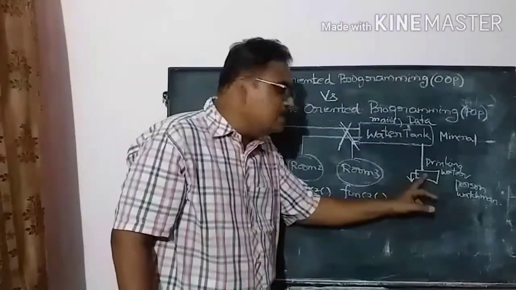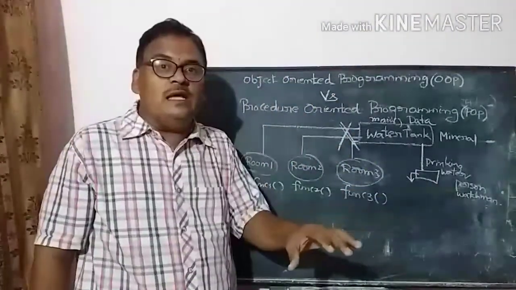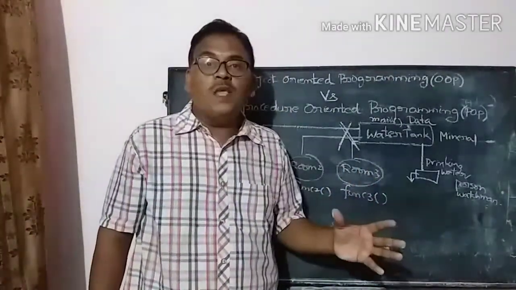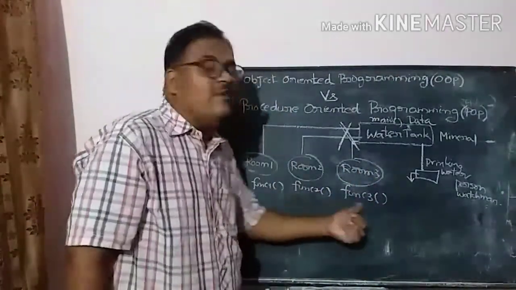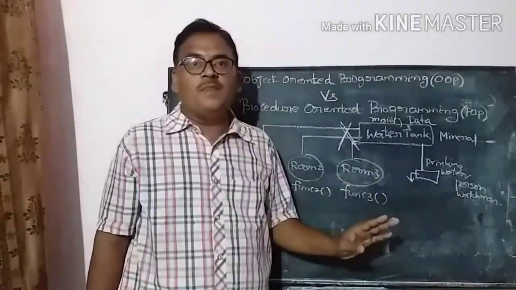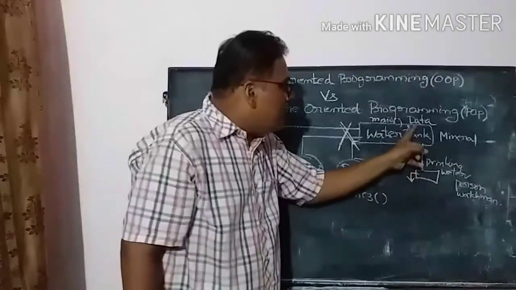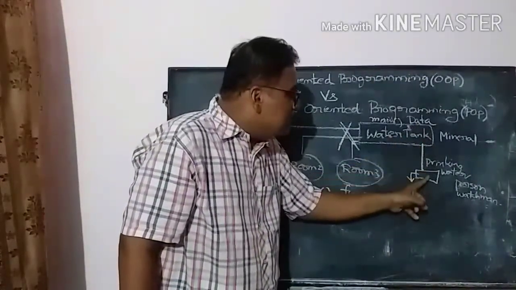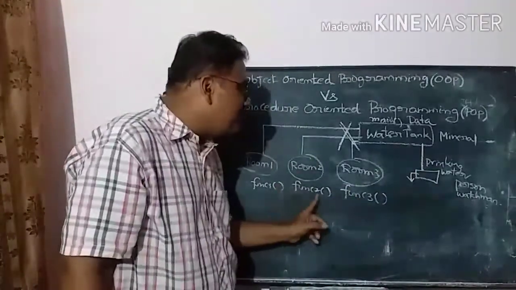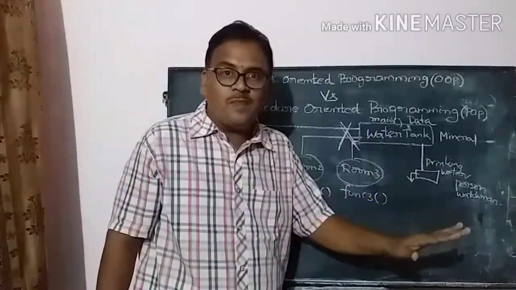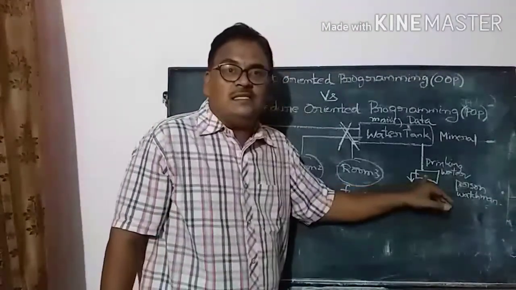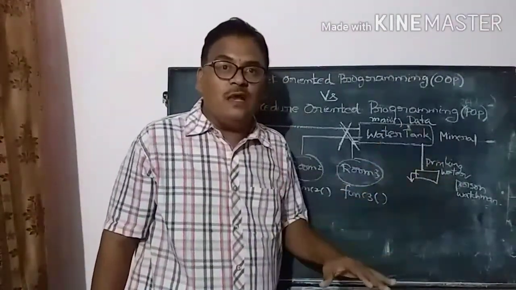It is arranged for a particular purpose only, so data cannot be misused by these 3 functions. This is the OOP concept. Data is not directly given to function 1, function 2, function 3. They just utilize this data for a particular purpose only.